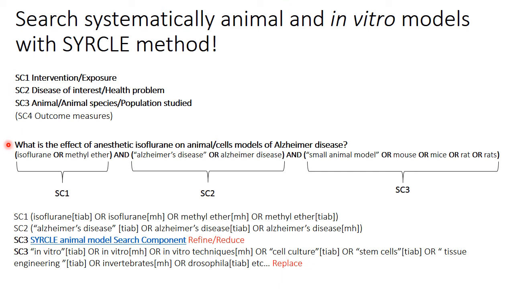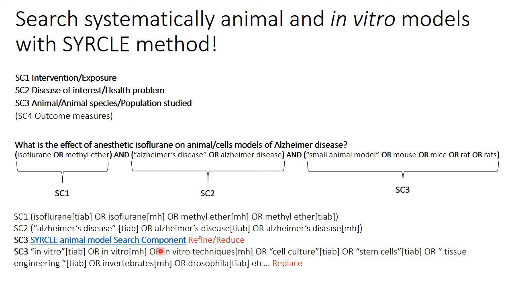So if we take back our question, what is the effect of the anesthetic isoflurane on animal cell models of Alzheimer's disease? If you convert it into such a string, what is very convenient is that CIRCLE gives you the opportunity to install an already made search component concerning the animal part here in PubMed.